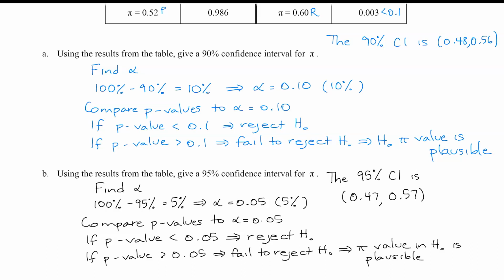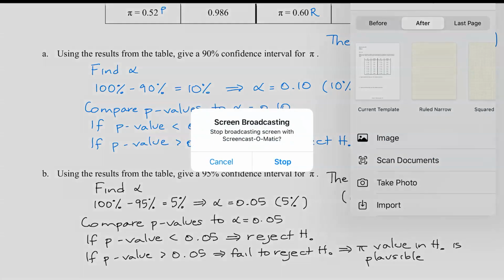And note to self, this 95% confidence interval is wider. The 95% confidence interval is wider than the 90% confidence interval. Or you could say the 90% confidence interval is narrower than the 95% confidence interval.